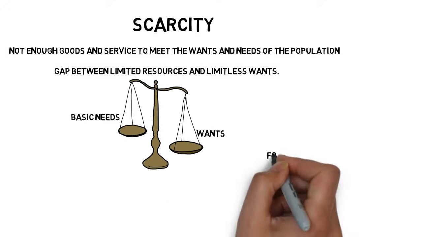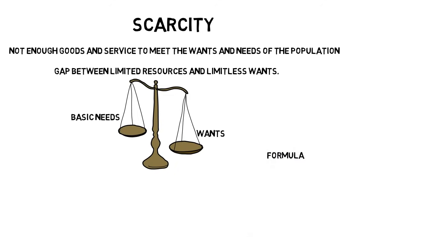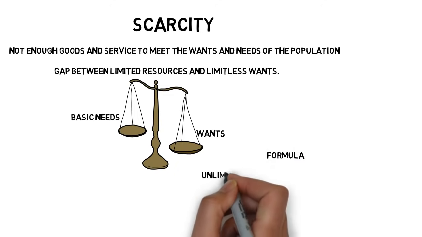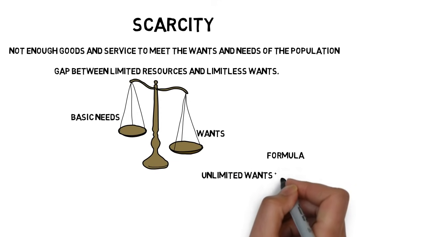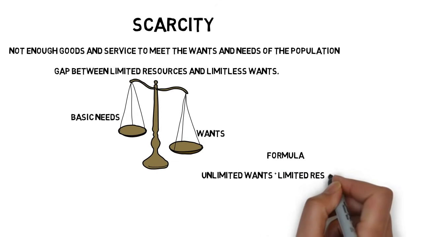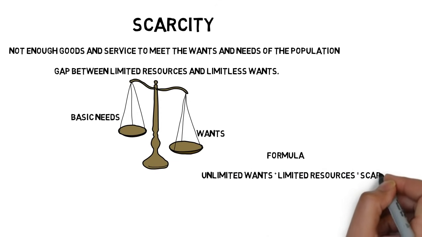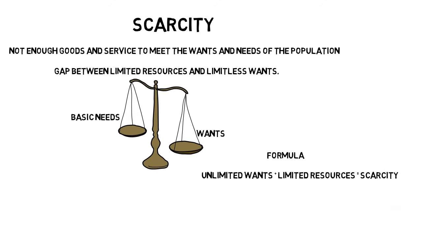We can use a formula to understand scarcity further. That is, unlimited wants plus limited resources equals scarcity. So just make a note of this formula. In fact, just put it in the comment section below, because when you write or type somewhere, you tend to remember it for longer.